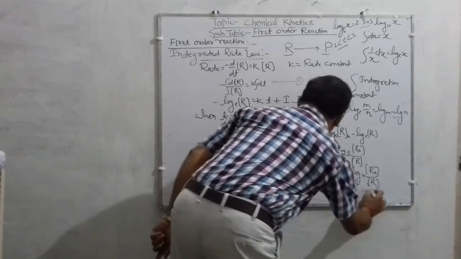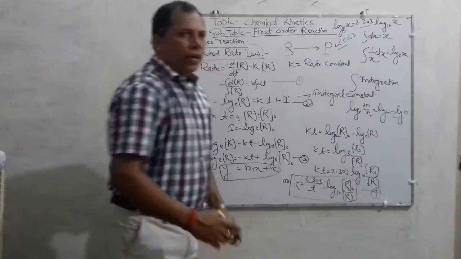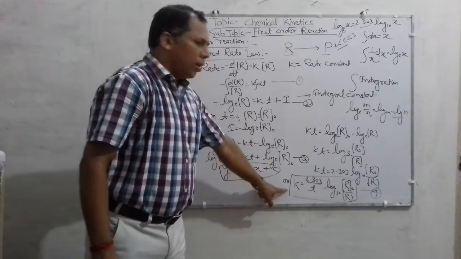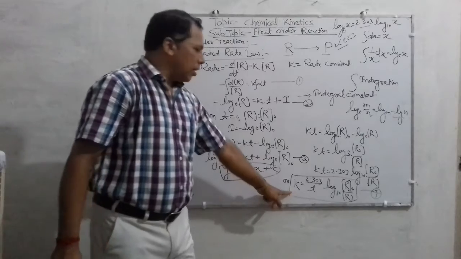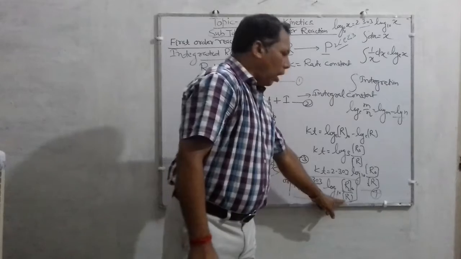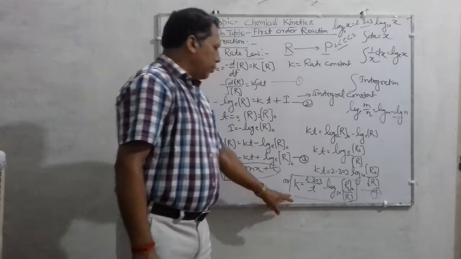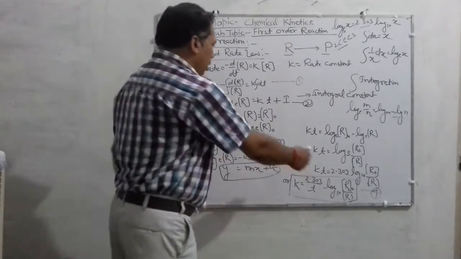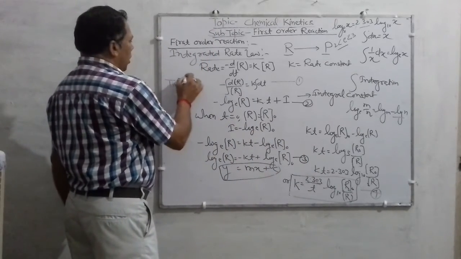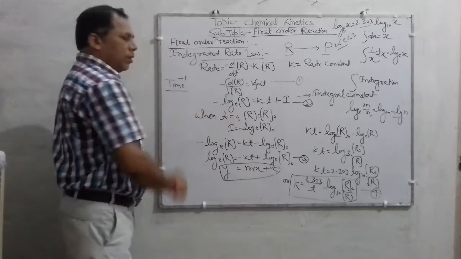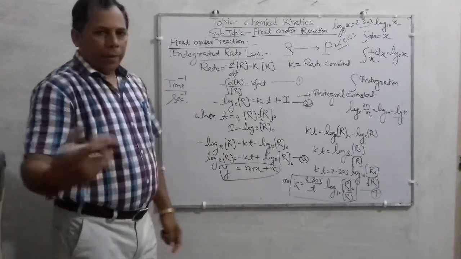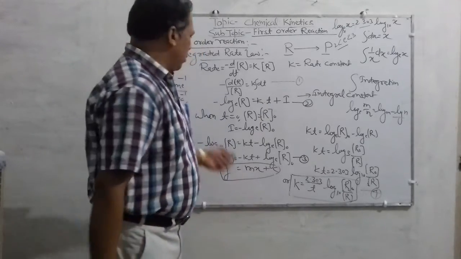So this expression, equation 4, represents the rate expression for a first order reaction, in which k is the rate constant, t is the time, r0 is the initial concentration, and r is the final concentration. Alright, students, and the unit of the rate constant of a first order reaction is per time, or generally per second, per minute, per hour, according to the question.